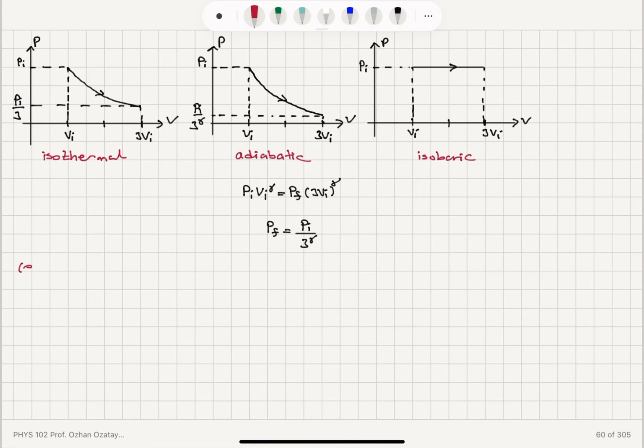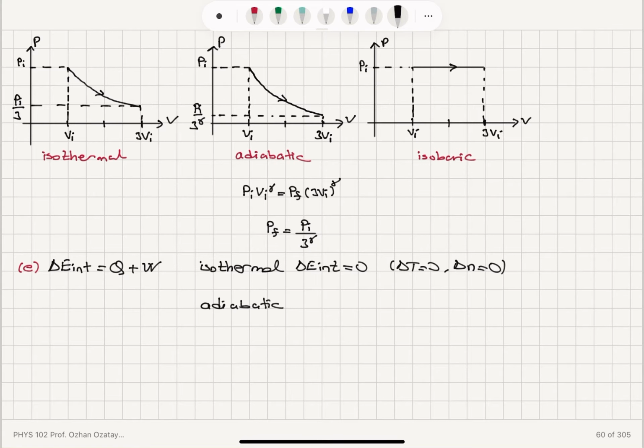Now, part E is asking me about internal energy. The internal energy change using the first law of thermodynamics is heat added plus the work done on the gas. In the isothermal process, the internal energy change is 0 because the temperature change is 0 and the number of moles doesn't change. In the adiabatic process, we have an internal energy change which is equal to the work done on the gas, which is minus 2330 joules.